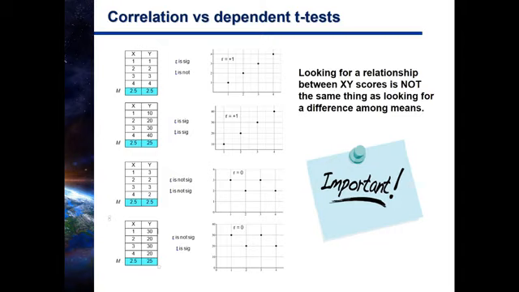So, in other words, asking a question about relationships is completely independent of the question about whether the means are different or not. Those are two separate, completely independent questions where you can get very different answers. Okay?